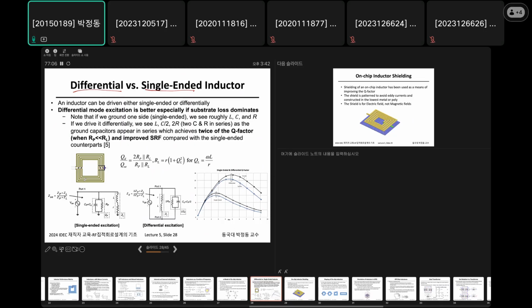The inductor can be driven either single-ended or differentially. For example, you can just drive the inductor. As we've seen before, this is an inductor, and this model looks like this.